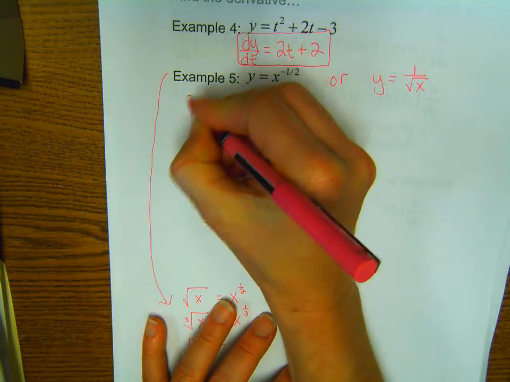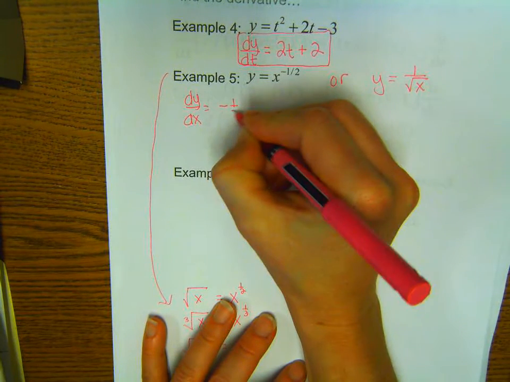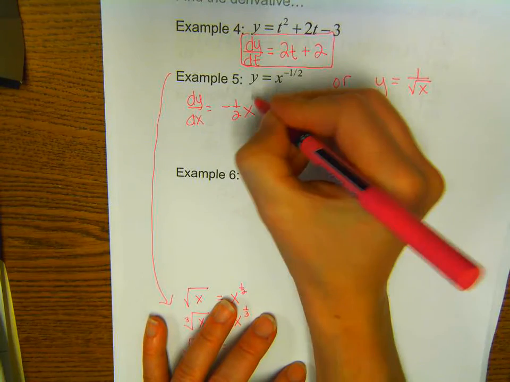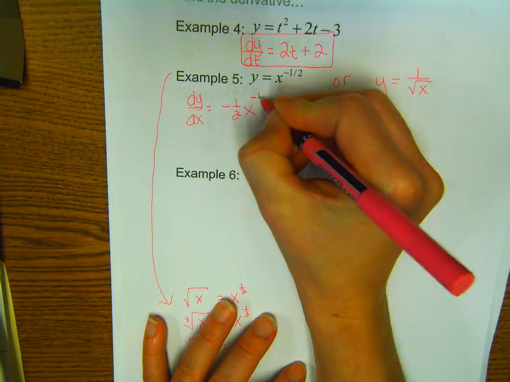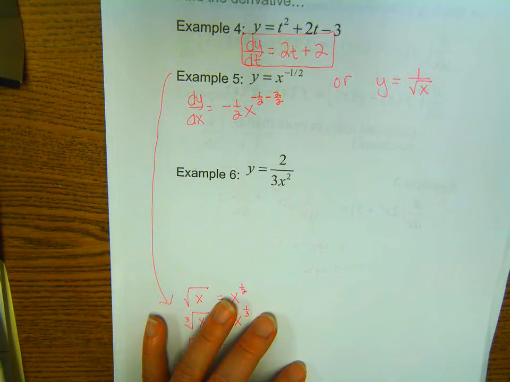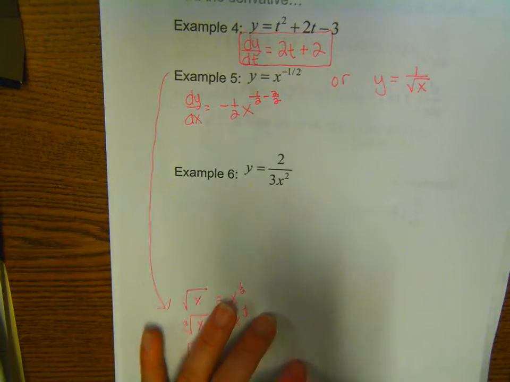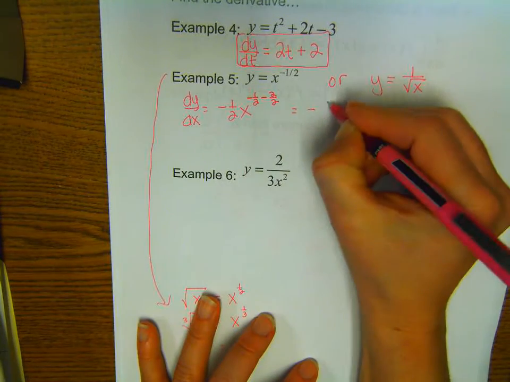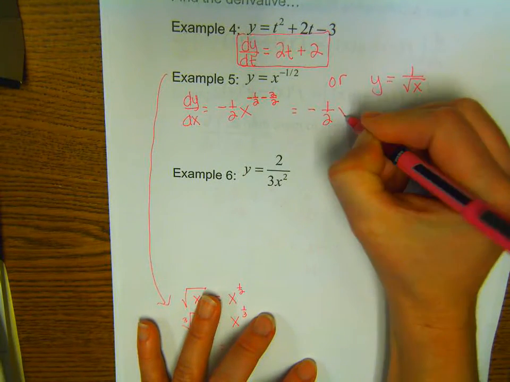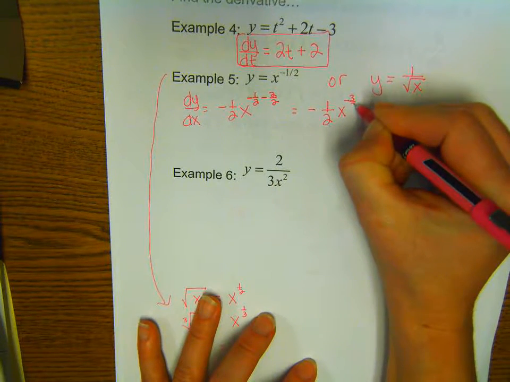All right, so here we go. dy dx is -1/2 x. I'm going to show some work here. Then I have to subtract 1, so I'm going to subtract 2/2. Are you all okay with that? This simplifies to -1/2 x to the -3/2 power, doesn't it?